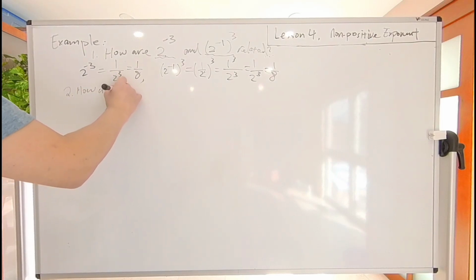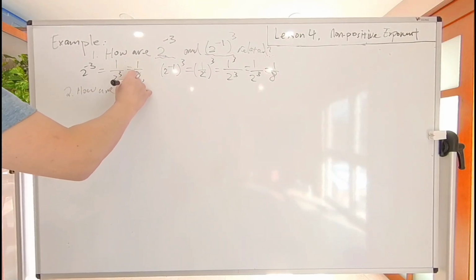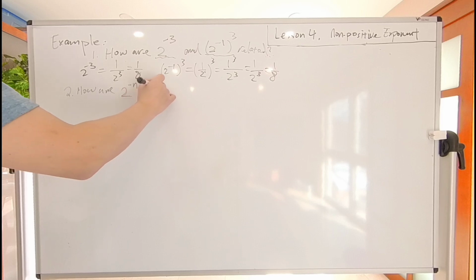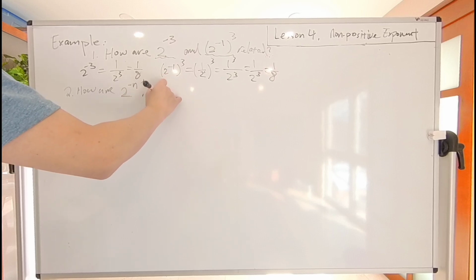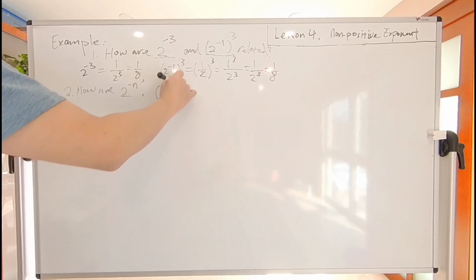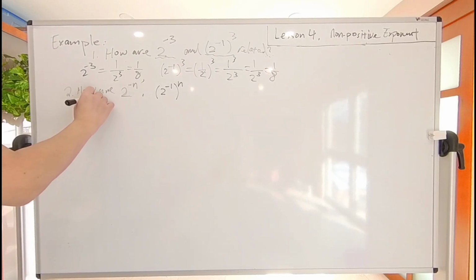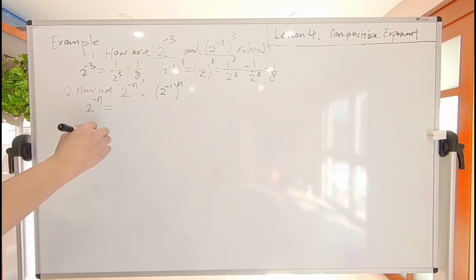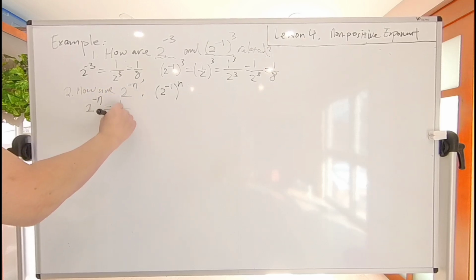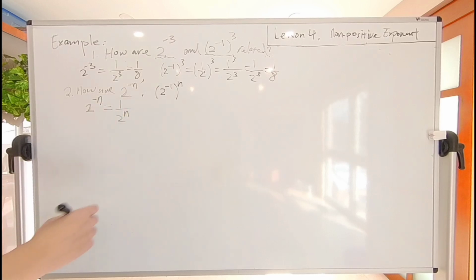Okay, how about these two numbers? 2 to the minus n and 2 to the minus 1, with n's power. So first of all, similarly, 2 to the minus n power, by the definition of non-positive exponent, is 1 over 2 to the nth power.